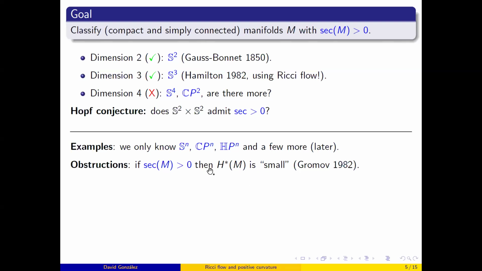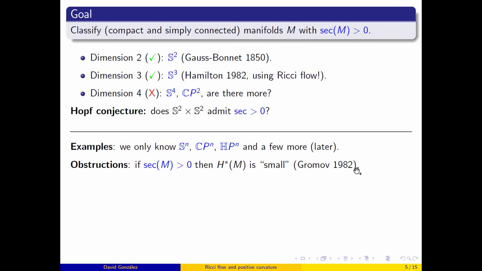For the sphere, you just have cohomology in degrees 0 and n. The rest is trivial. You can have some cohomology in the middle, like it happens for CP^n, but it can't be too complicated. And it depends on the dimension.